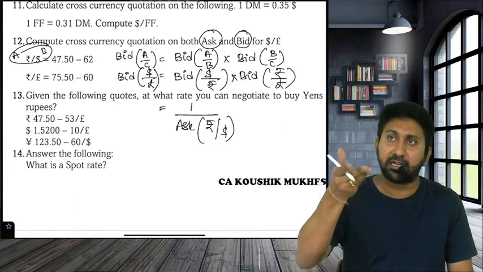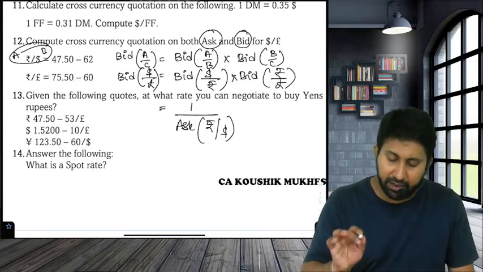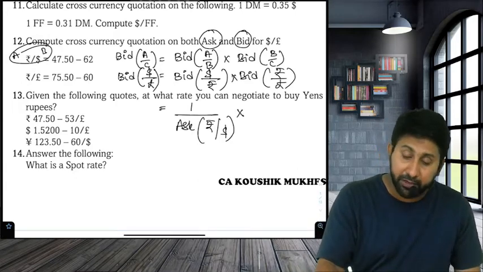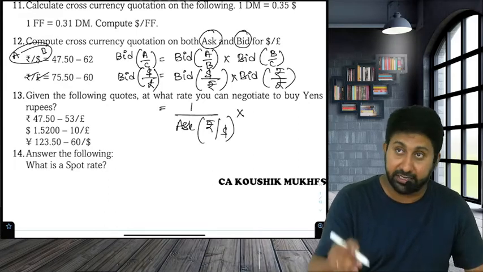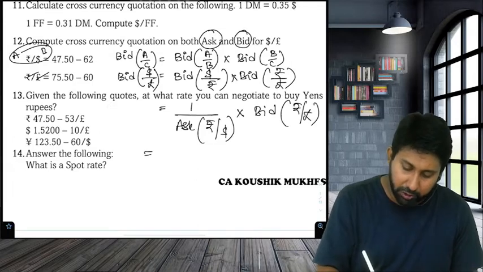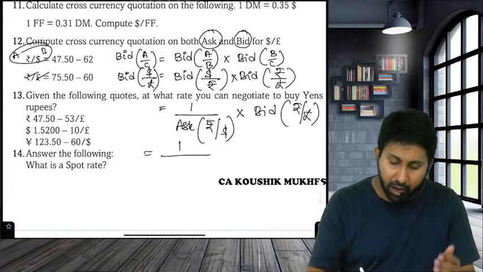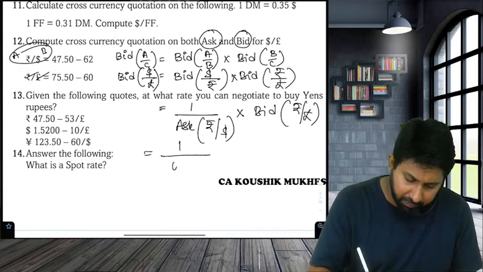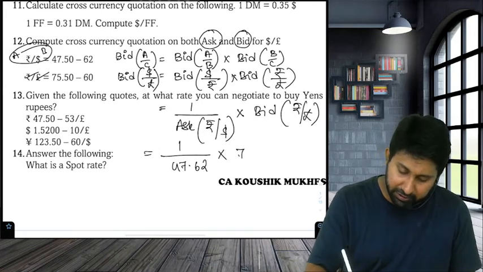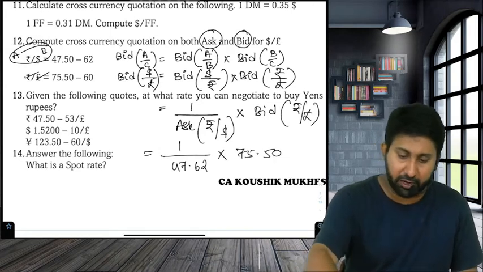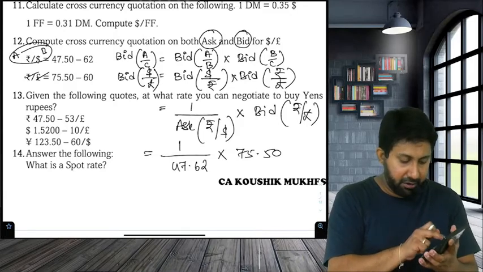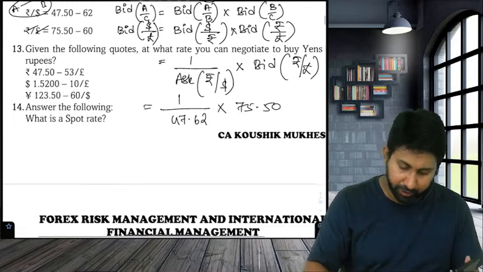What to do? 1 by ask of A by B. So 1 by ask of rupee by dollar, into bid of rupee by pound, since the bid is already given as rupee by pound. 1 by ask of rupee by dollar means 1 by 47.62, into bid of rupee by pound, which is 75.50. Take calculators, everyone. 75.5 divided by 47.62.